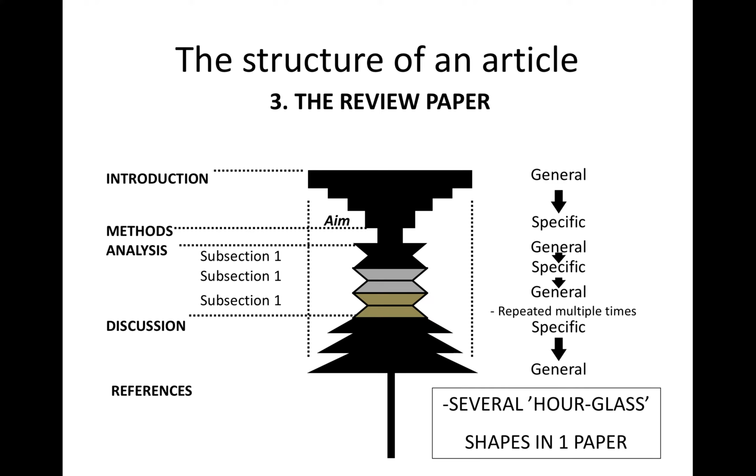For example, research articles that have focused on different types of questions. And then these are discussed in a more general way. And therefore, a review paper can typically have several hourglass shapes, particularly within this analysis section, going from general to specific, and then from specific to general, back and forth.